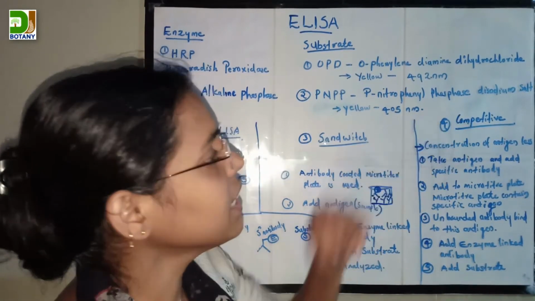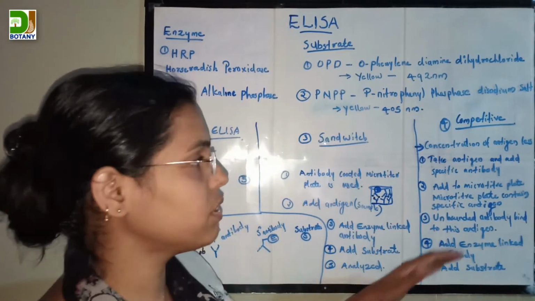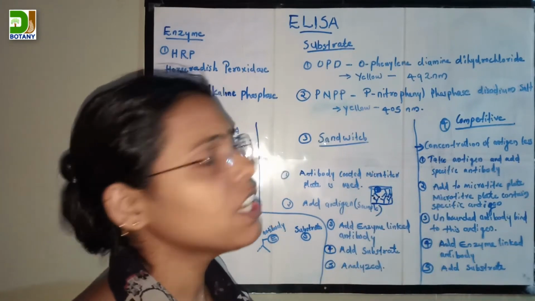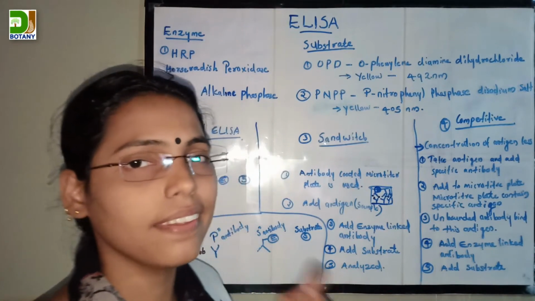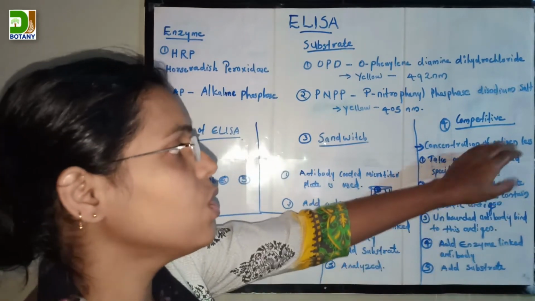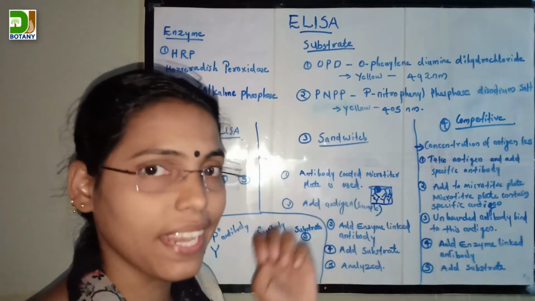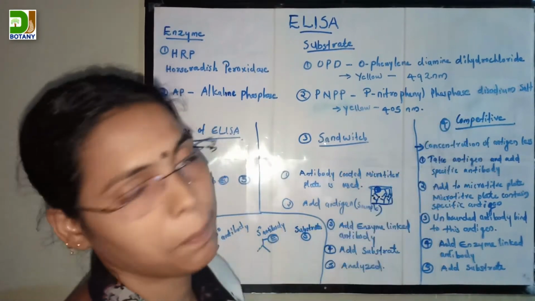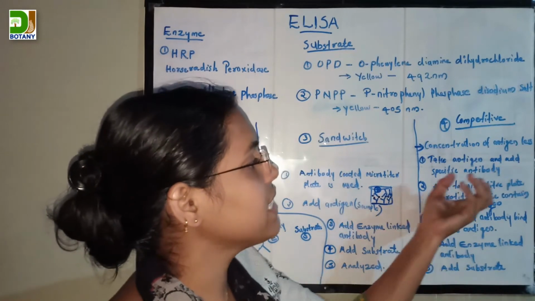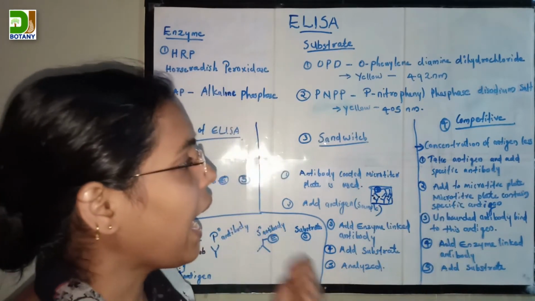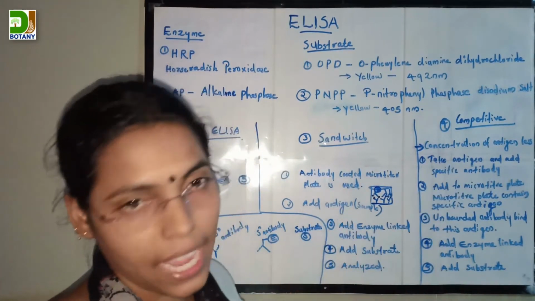Okay, now next is the competitive type. The fourth type is the competitive type. The competitive type is commonly used when the sample contains a less amount of antigen. So the presence of antigen is very low, and we use the competitive type of ELISA. In this type we take the antigen present in the sample and add it to a specific antibody.